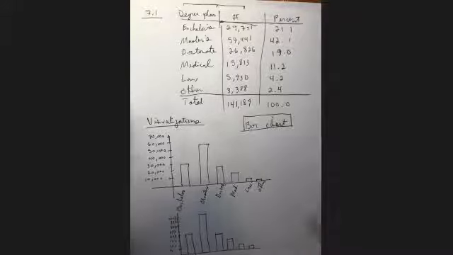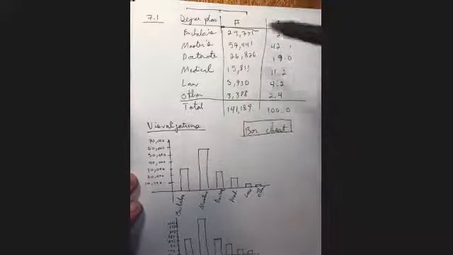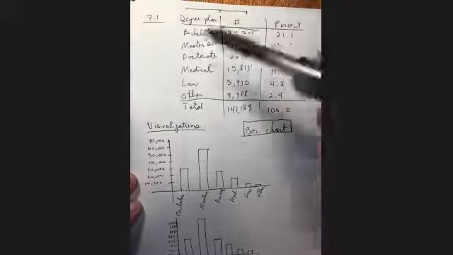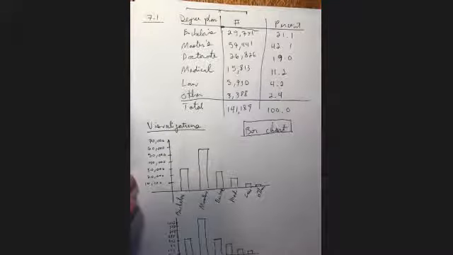Okay, so here in this example, we have a set of data which we usually see tabulated, meaning it is expressed in a table. And this data is considered qualitative.